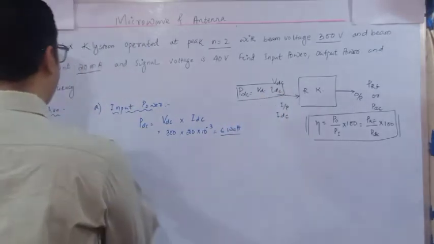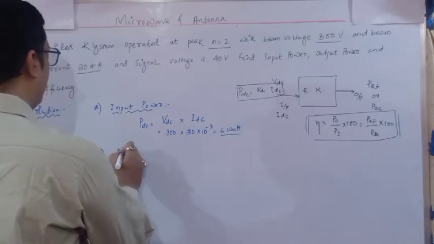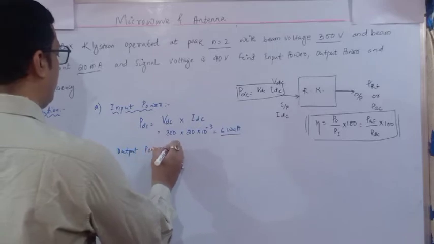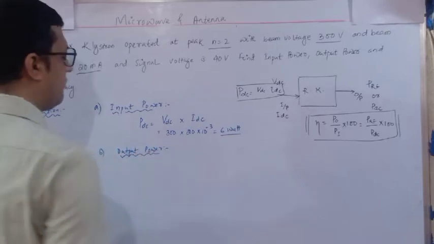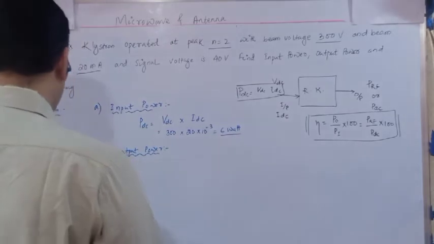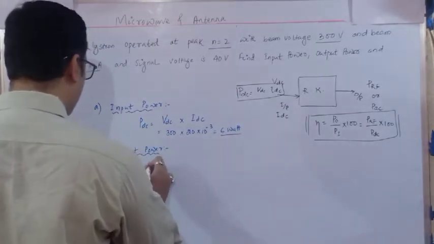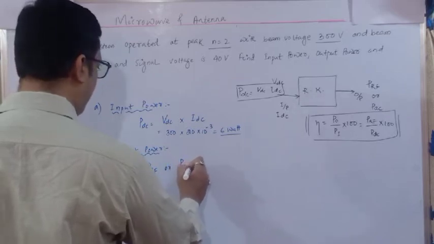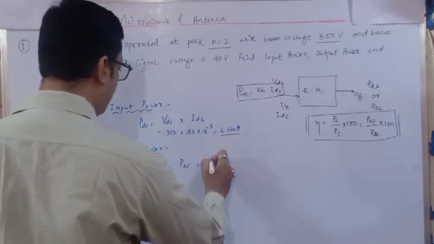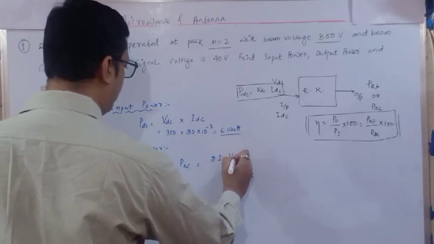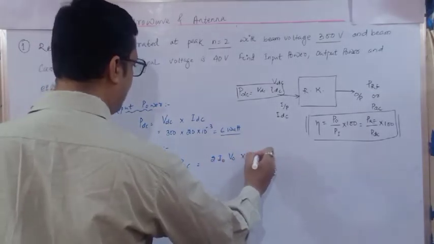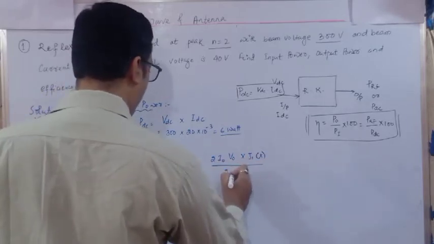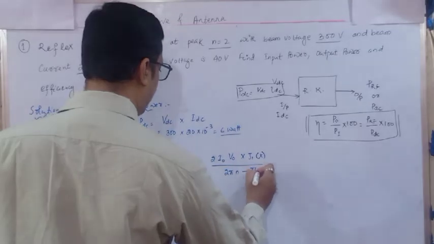Next, to calculate output power, we have a relation for RF power, how to calculate P RF. P RF, or you can say P AC, equals 2 I naught V naught times J1 of x, whole divided by 2 pi n minus pi by 2.